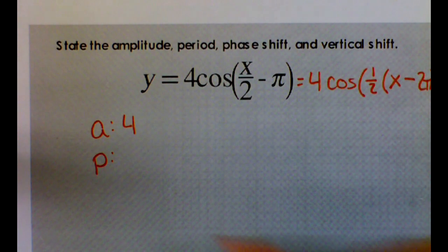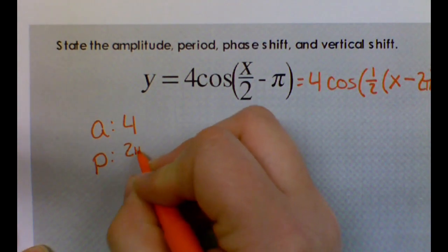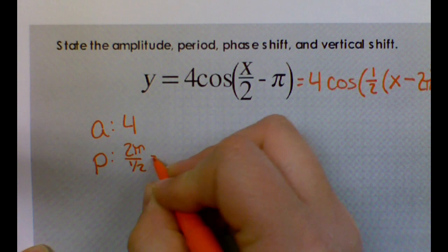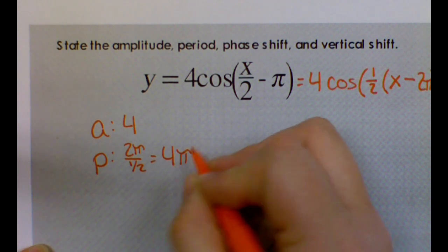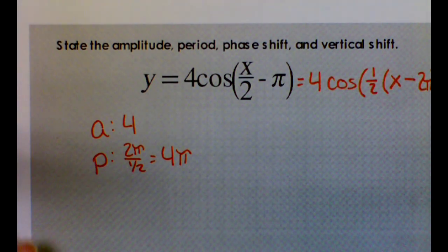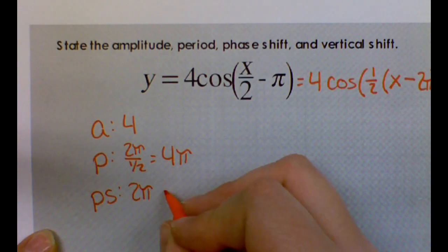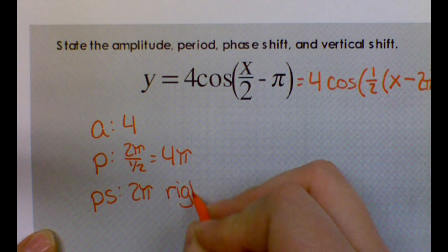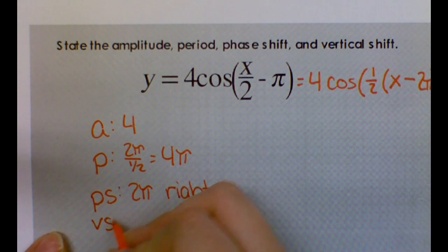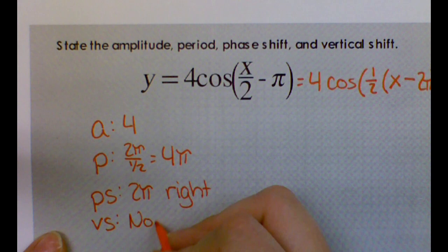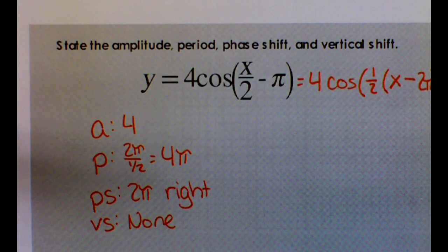There we go. So our period is 2 pi over 1/2, which is 4 pi. This one is wider, it repeats less often. Our phase shift is that 2 pi. It's subtracted, so it's to the right. Vertical shift, there was no number added or subtracted outside, so none.